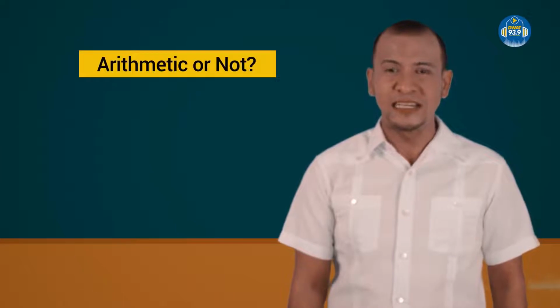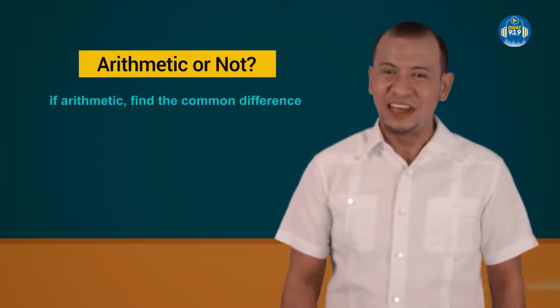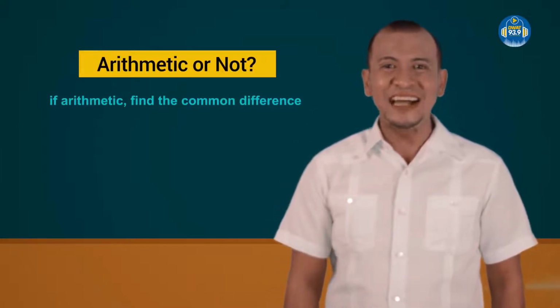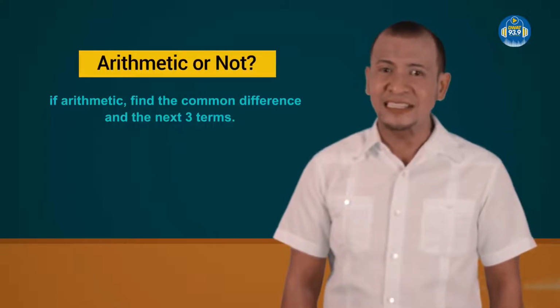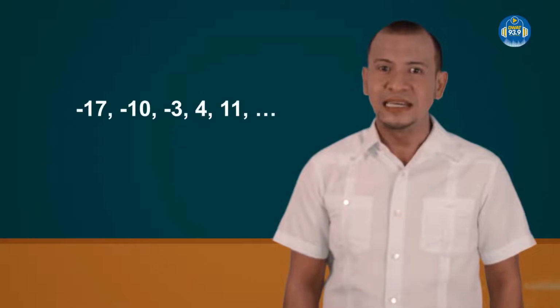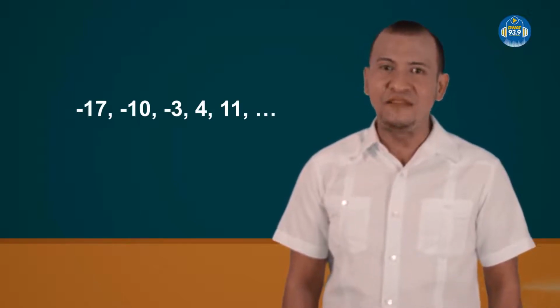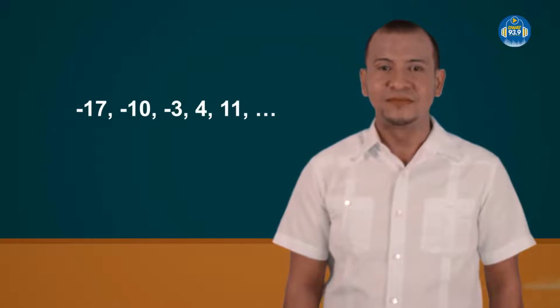Determine if the sequence is arithmetic or not. If it is, find the common difference and the next three terms. So the sequence is negative 17, negative 10, negative 3, 4, 11, and so on.